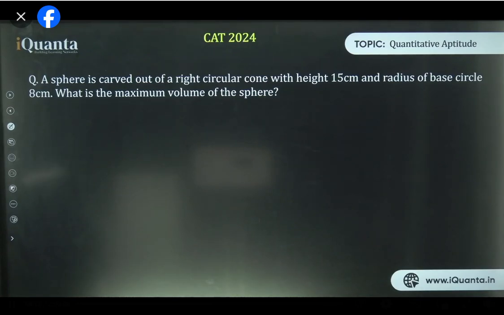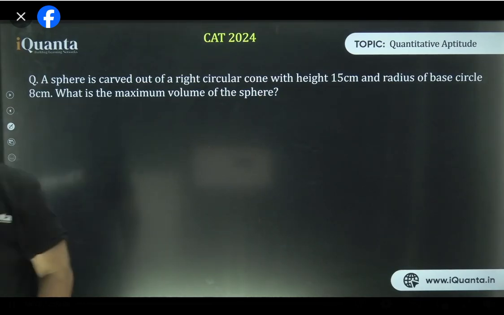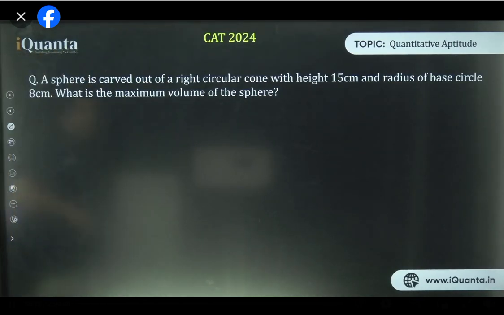Okay, so let's see who got it correct. Sphere has to be carved out. All right, how can we do that? Take 22 by 7, it would be better.